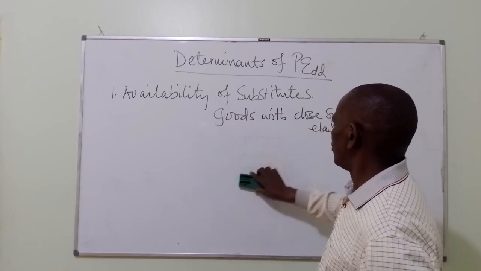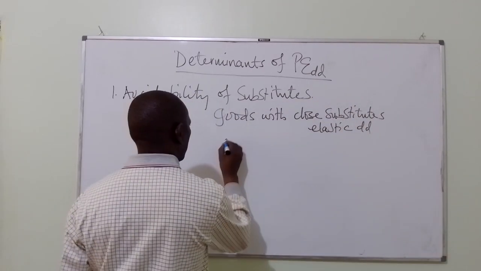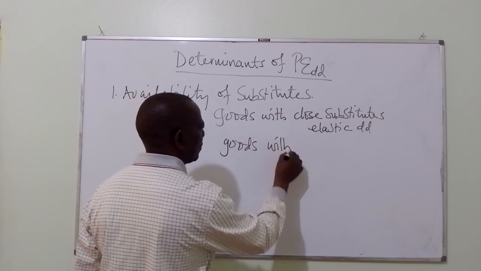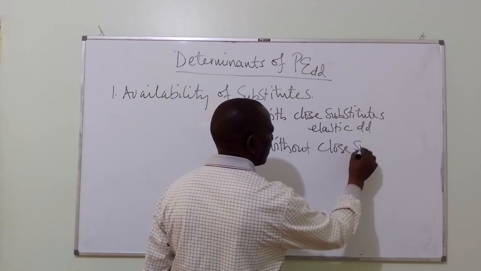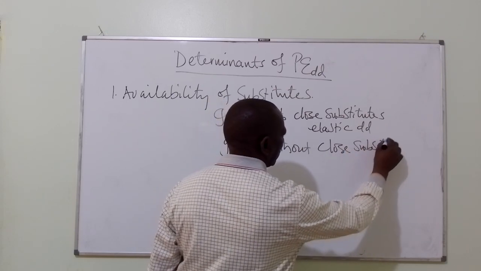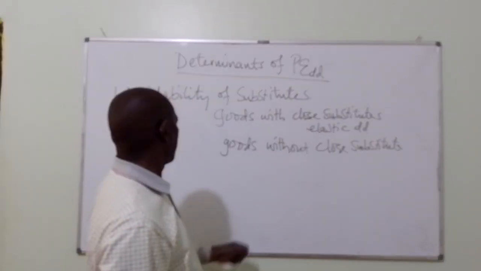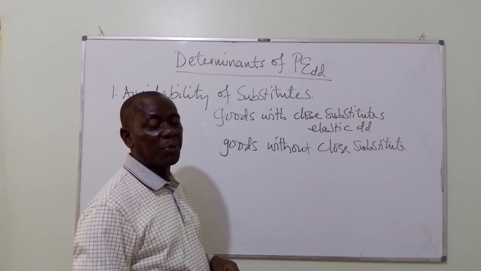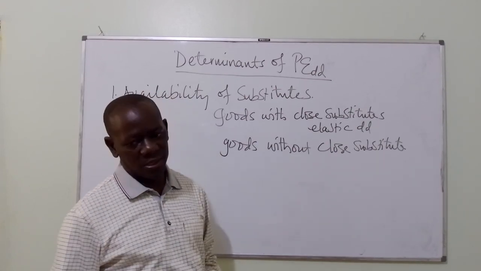So goods with close substitutes have elastic demand, and we say goods without close substitutes. We avoid the word without substitutes, because there is almost no commodity which has no substitute. It's only that it's not a close substitute.